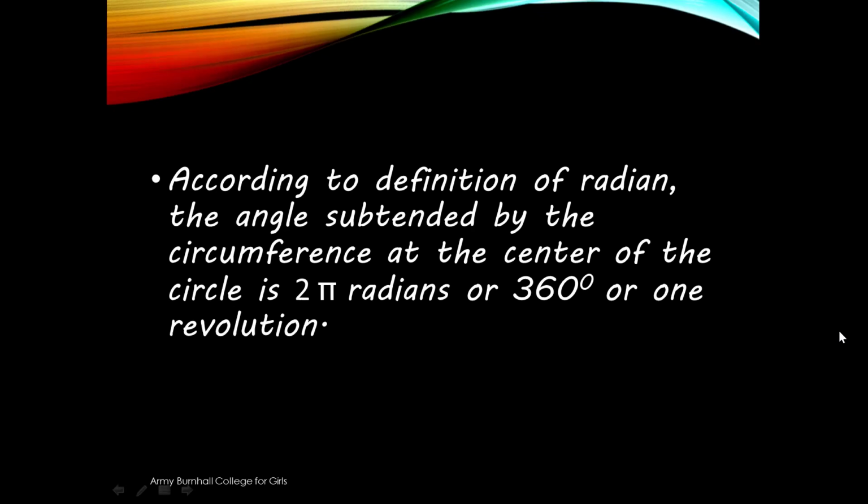So according to the definition of radian, the angle subtended by the circumference at the center of the circle is either 2 pi radians or 360 degrees or 1 revolution.